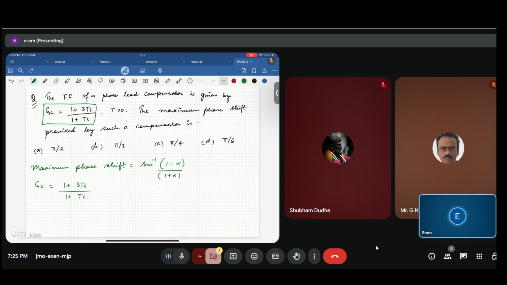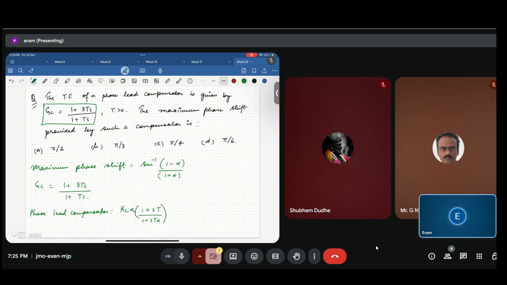What is the standard form of a phase lead compensator? It is Kc into alpha (1 plus ST) divided by (1 plus ST alpha).